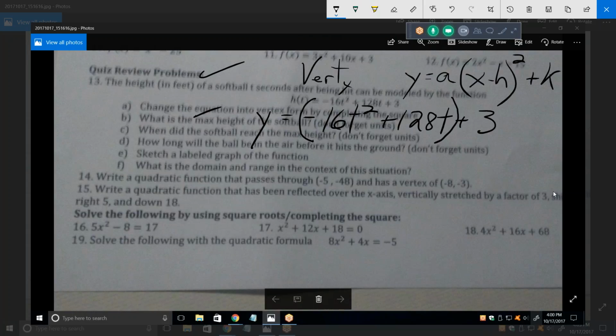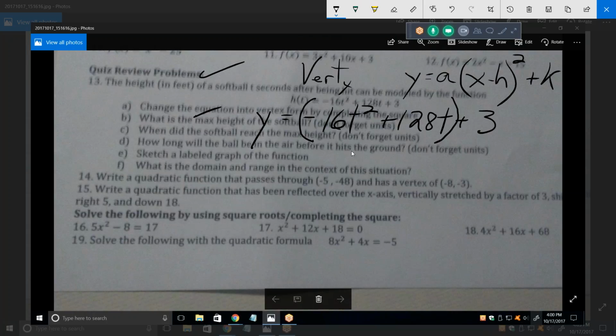Now, you cannot complete the square until this coefficient, excuse me, let me point with my cursor. I keep forgetting that you can't see it when I point with my pencil. This has to be a 1, this minus 16.